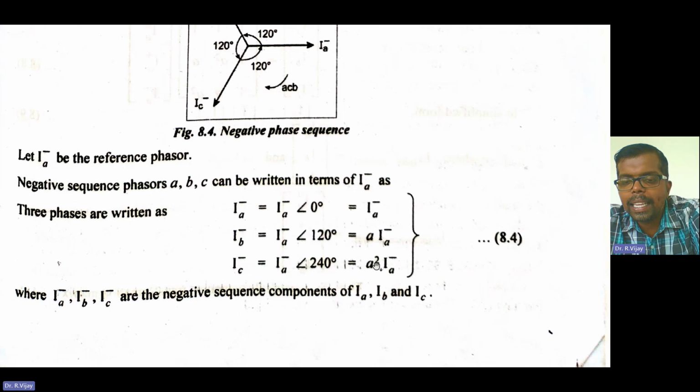That is nothing but A squared IA negative or IA minus. Here, IA minus, IB minus, and IC minus are the negative sequence components of IA, IB, and IC. So what we are doing here is writing all three phase currents, that is IA minus, IB minus, IC minus, in terms of IA minus, and with the corresponding phase sequence.